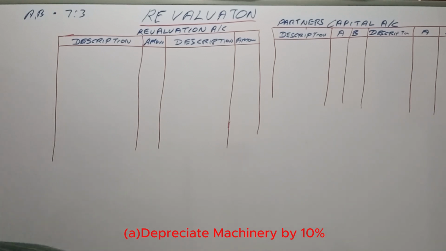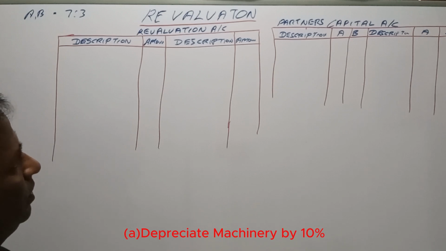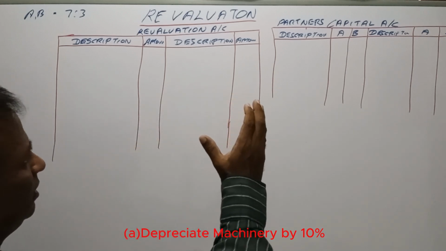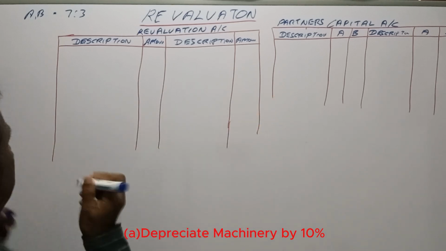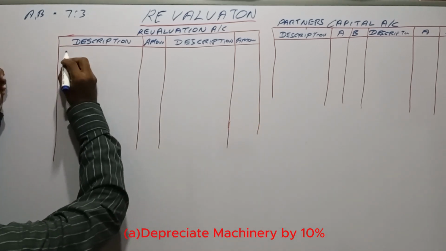They say depreciate the machinery at the rate of 10%. 10% of 30,000 is 3,000. We have to credit the machinery account and debit the revaluation account, right?